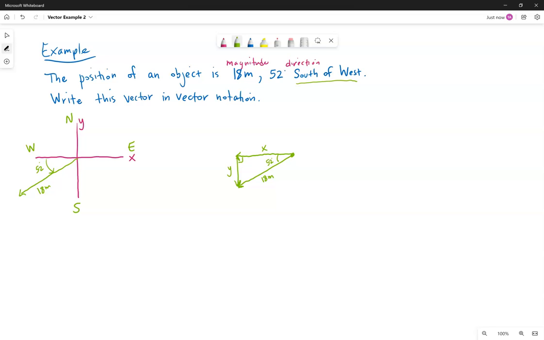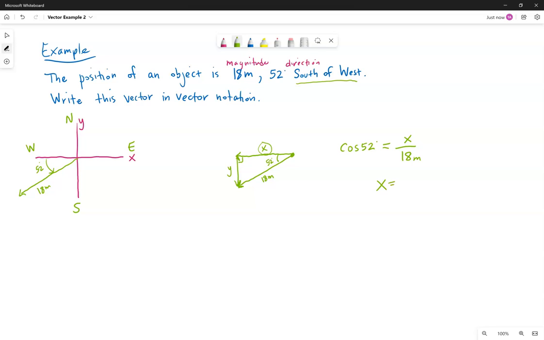Whenever we have the length of the hypotenuse, the magnitude, and an angle, then sine and cosine are going to come in handy. When we say the cosine of 52 degrees is the adjacent side, in this particular triangle, the adjacent side to the 52 is the x side, so our x component, divided by the 18 meters.